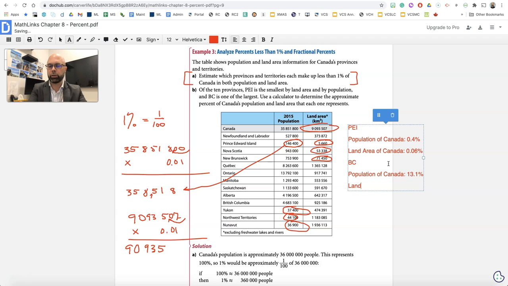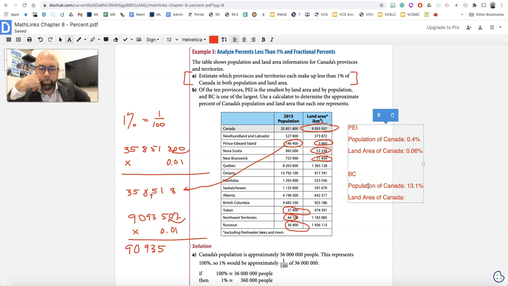And then land area of Canada. 925 out of 9 million. Ah, interesting.